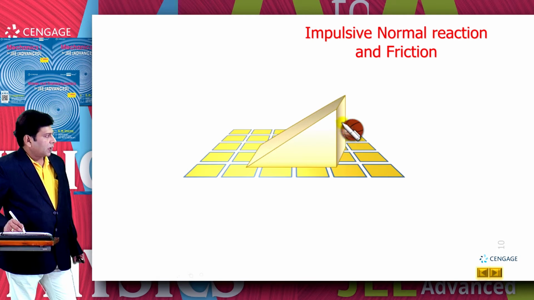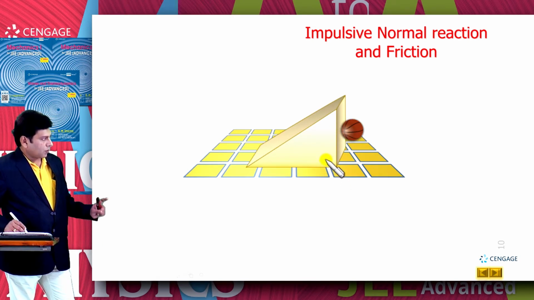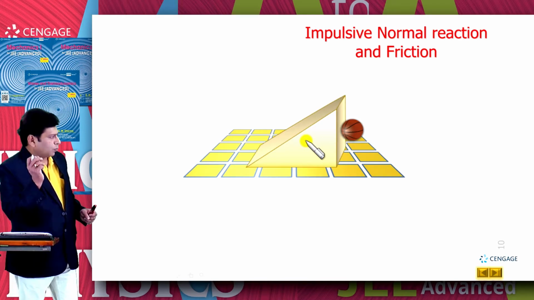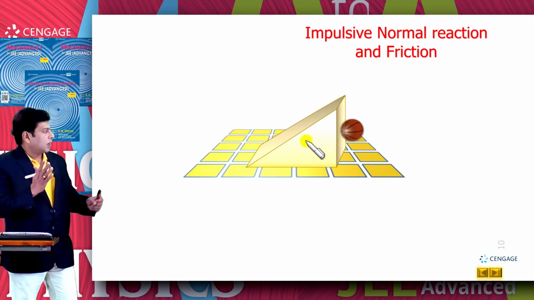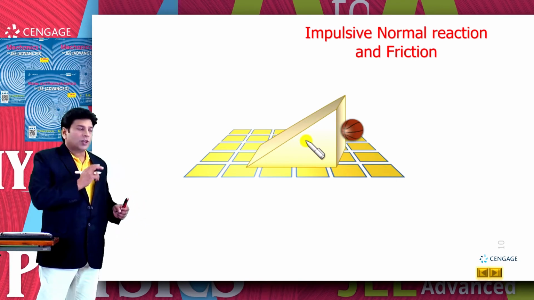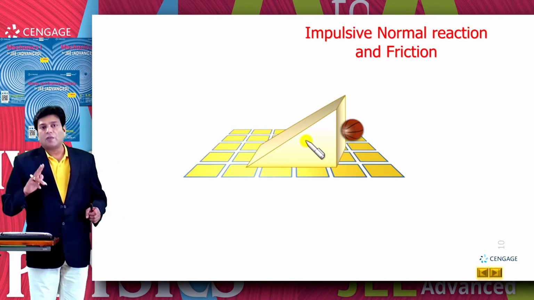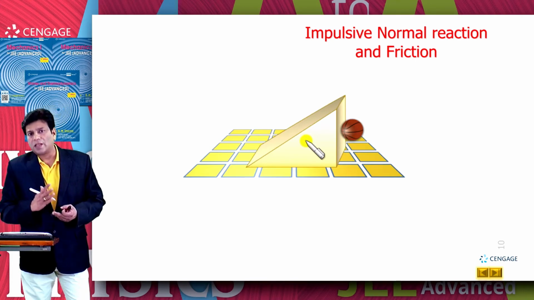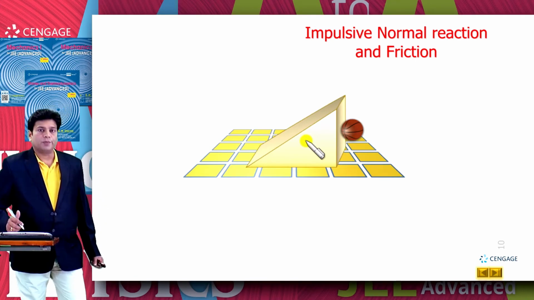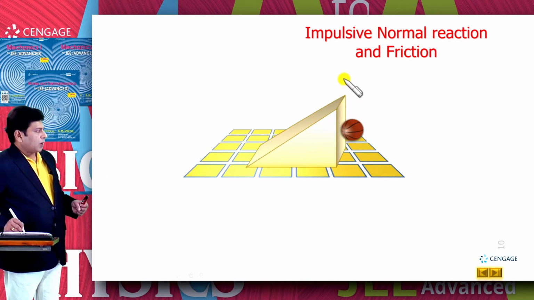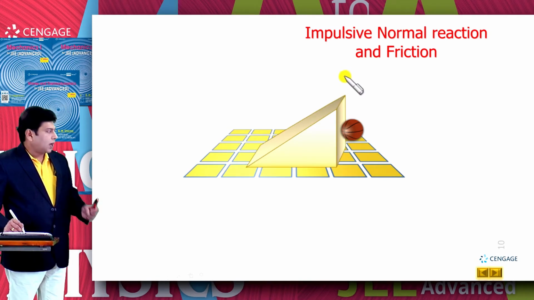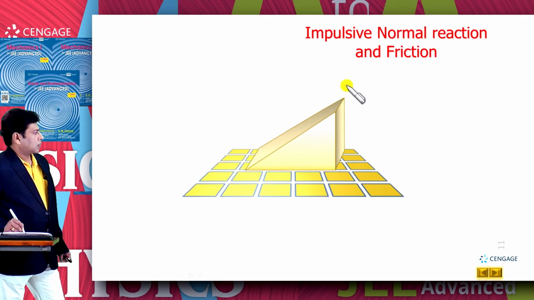You can observe the surface in contact is here and the bottom surface of the wedge, and when this ball collides with or hits the wedge, it starts moving in the leftward direction. That means sliding occurs between the two surfaces, friction will appear, and we will also observe whether this friction is impulsive or non-impulsive. So let us first make the free body diagram for the normal reaction and friction force.